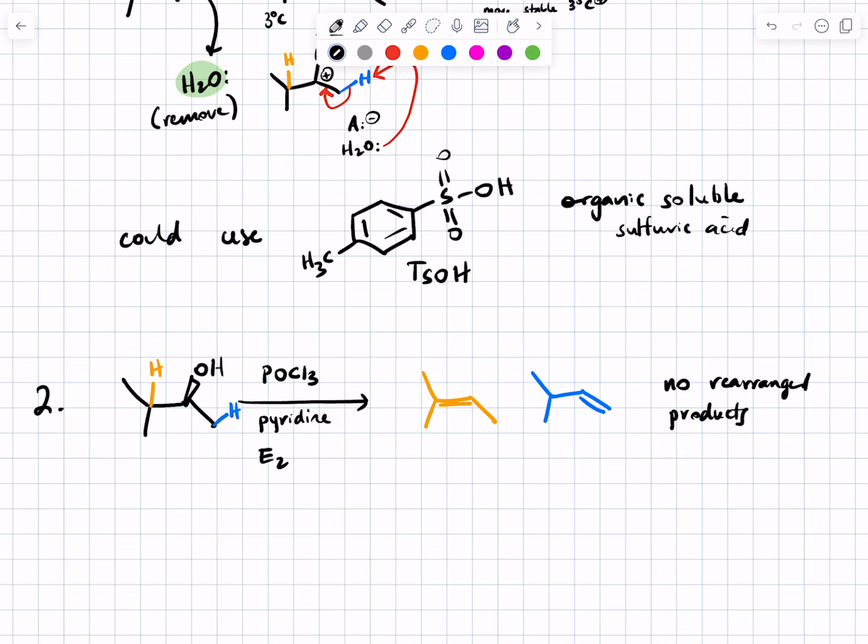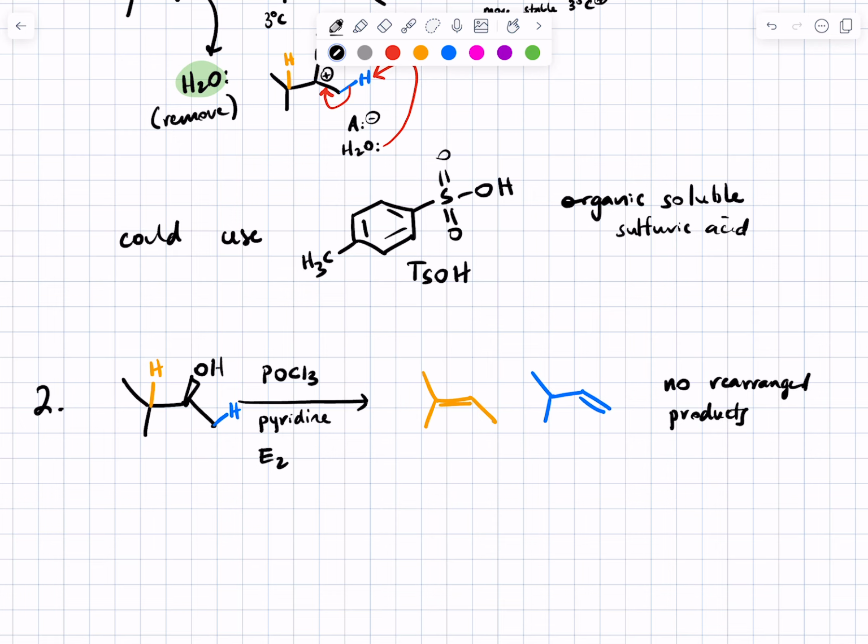And the reason you don't is the same reason that we didn't get two enantiomers with using PBr3 or SOCl2: this reagent is going to convert the OH into a good leaving group, and then the elimination is going to happen, and that leaving group isn't going to leave on its own.